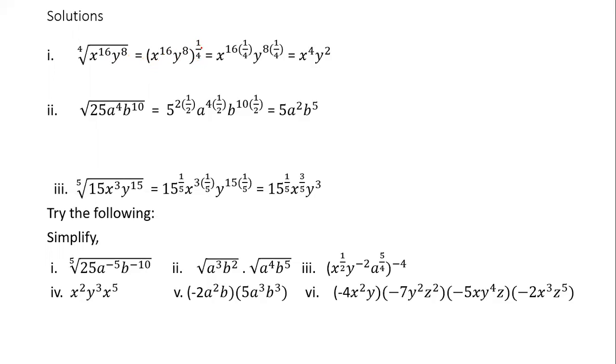So now you can multiply the powers through, to give us x power 16 times 1 over 4, y power 8 times also 1 over 4. By simplifying, this will give us x power 4, y power 2. 4 goes here, 2. 4 also goes here, 4.